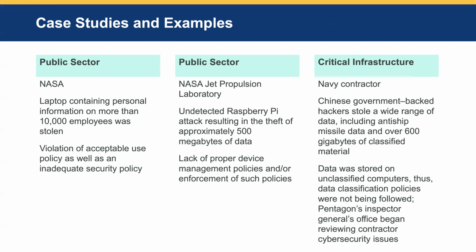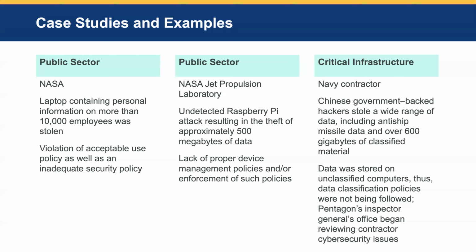Then another critical infrastructure compromise occurred with a Navy contractor when Chinese government-backed hackers were able to steal a wide range of data, which included anti-ship missile data and over 600 gigabytes of classified material.